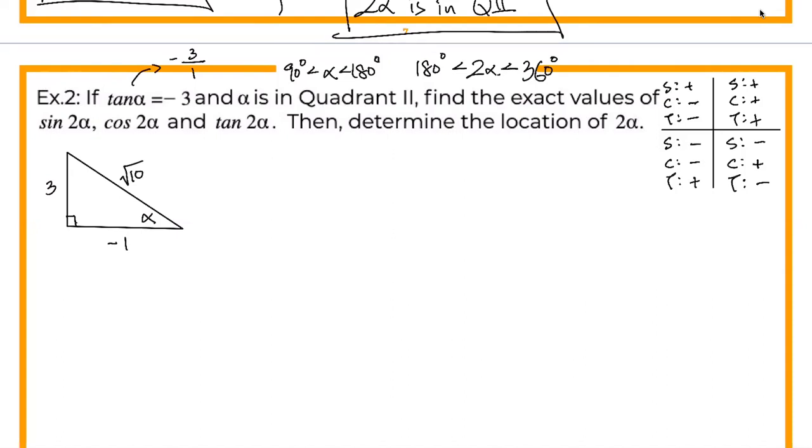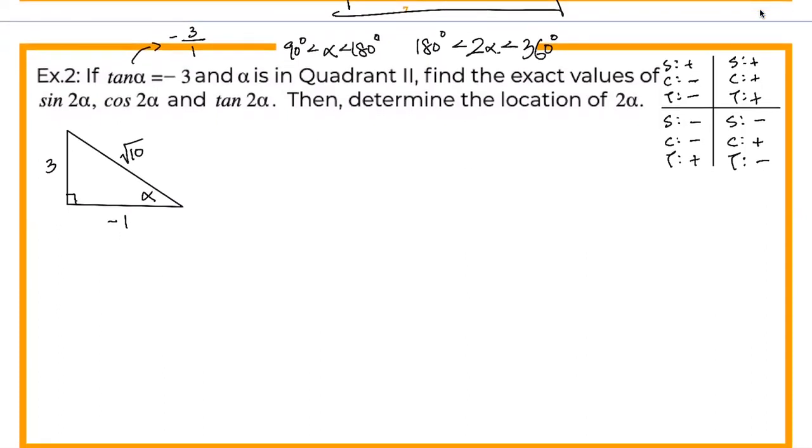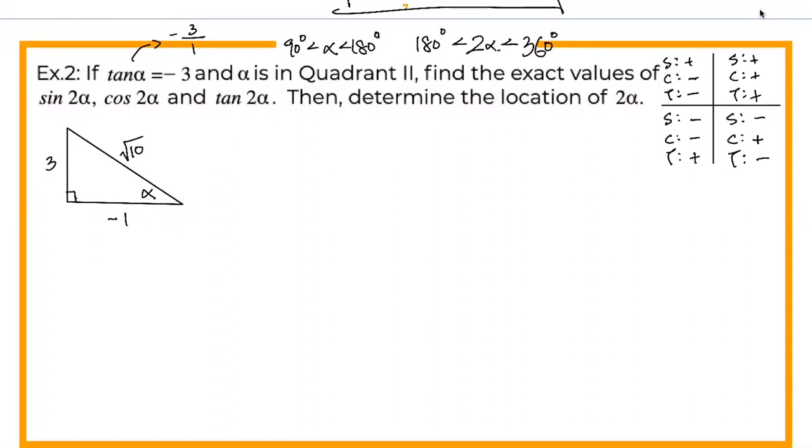And because it is not a nice whole number, we will leave it as the square root of 10. Now that we've got our hypotenuse, we can start to fill in our sine 2 alpha, cosine 2 alpha, and tangent 2 alpha, okay? And all we need is our equations from before.